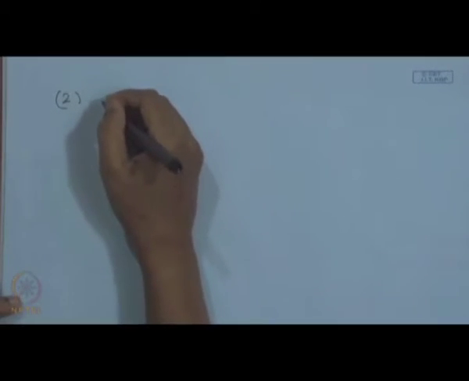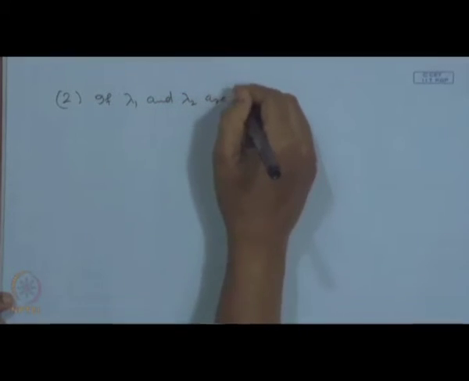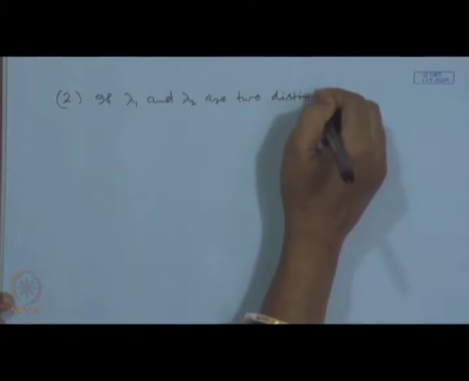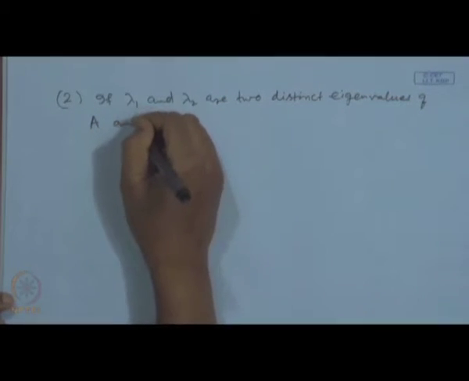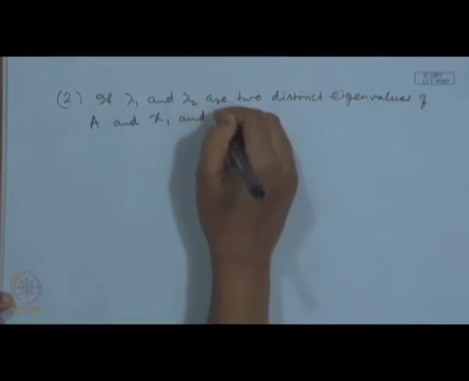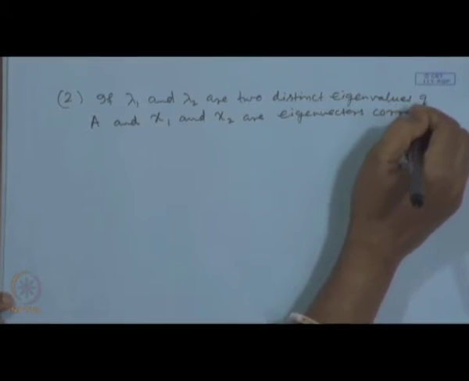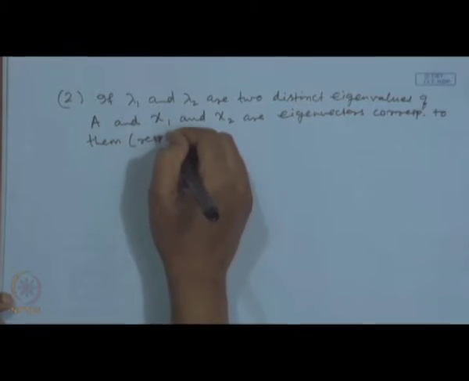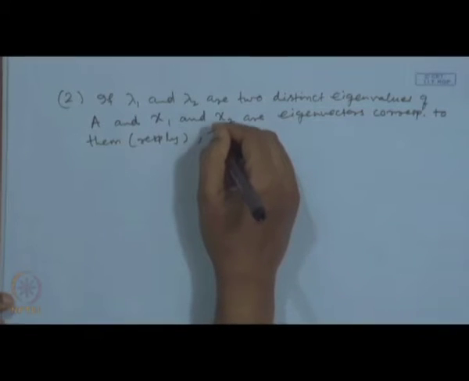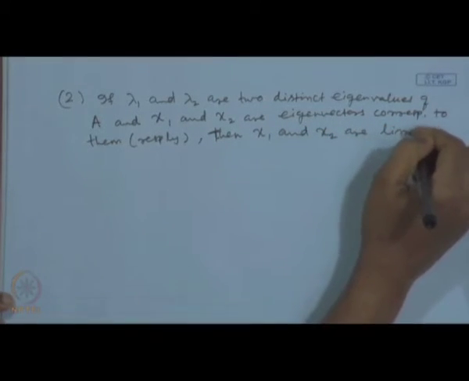Then next we have another important result that we shall use: if lambda 1 and lambda 2 are two distinct eigenvalues of A, and x1 and x2 are eigenvectors corresponding to them respectively, then x1 and x2 are linearly independent.